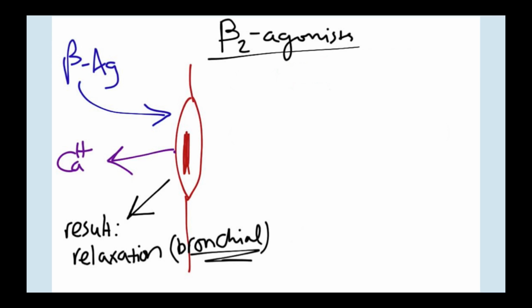I do an entire lecture on alpha and beta agonists and antagonists, and I go into the molecular chemistry of how this all works, the cell biology, but I'm not going to go into that here. That's very important step 1 stuff. For step 2, what you need to know is that beta-2 agonists relax smooth muscle, and that's exactly what you want to do when you have somebody with smooth muscle hyperreactivity, i.e. asthma. Okay, so the result is relaxation.